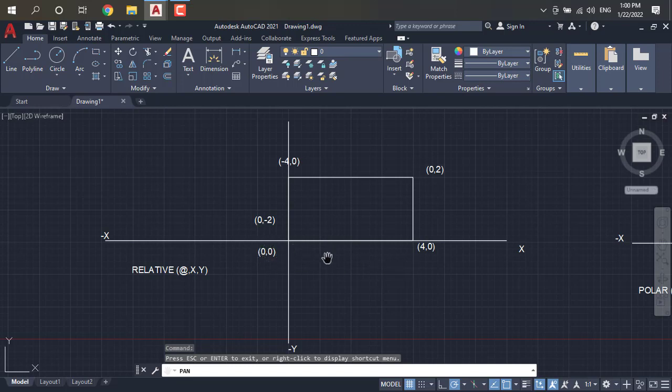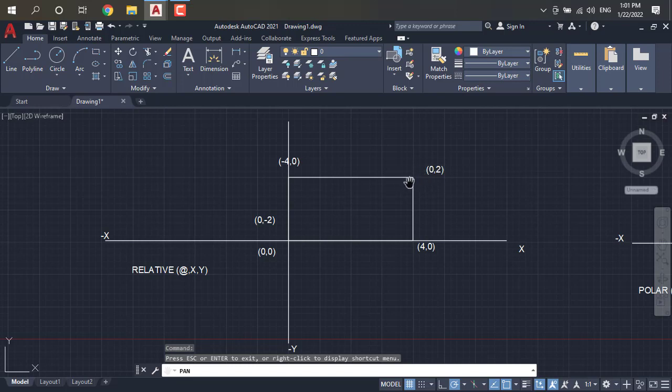After that, it extends to 4 on the x-axis, points 1, 2, 3, 4. Here 4 comma 0. Why? Because y is 0 on the x-axis. After that, you have to increase the y-axis by 2, that means 2 points. That's why here x is 0 and y is 2.